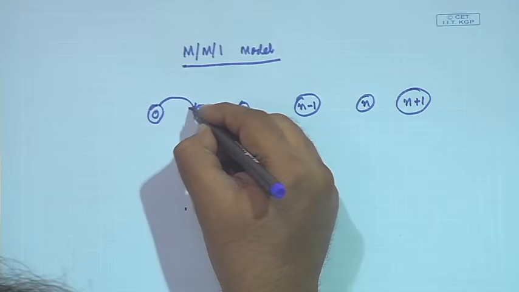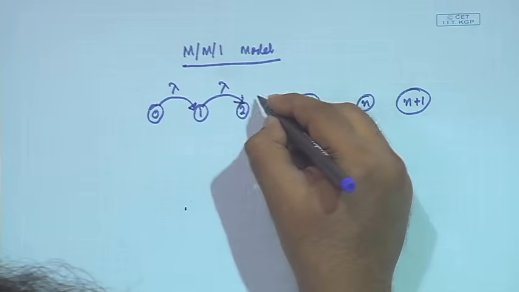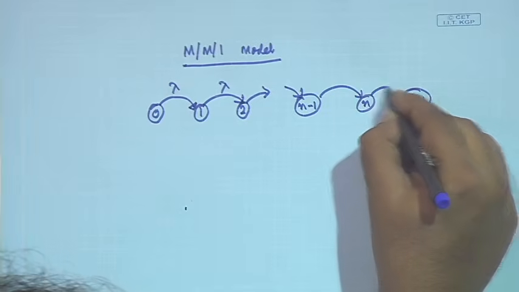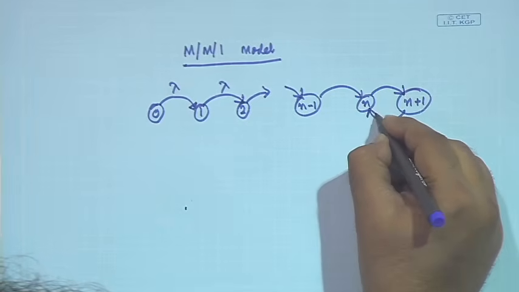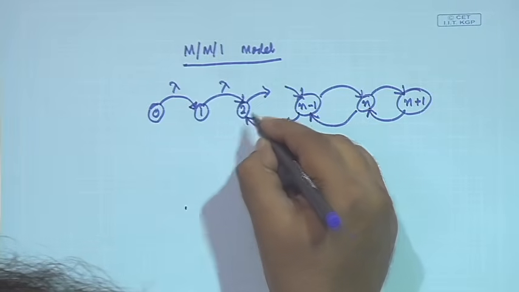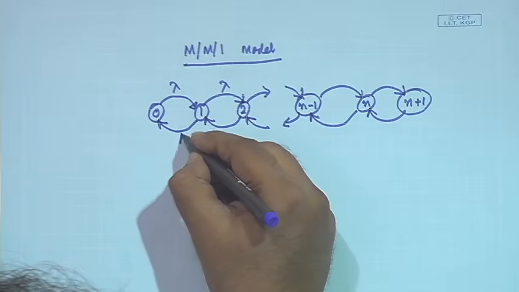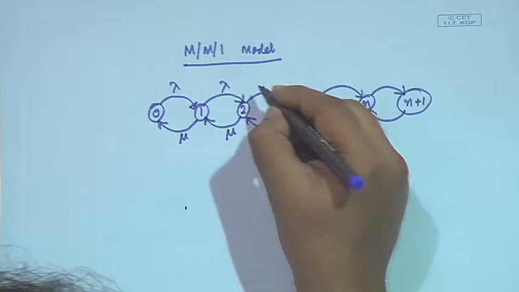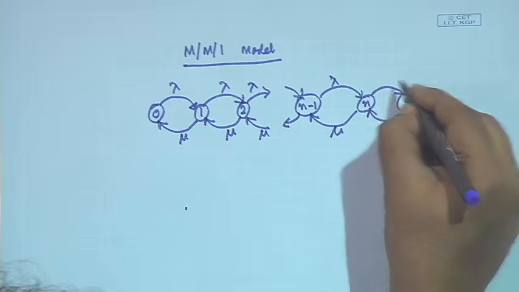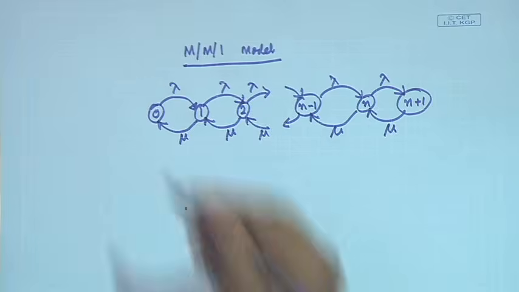From 0 to 1, if there is an arrival, similarly here, and on the other side, and since it is a simple MM1 model, all these are mu's and all these are lambdas, right. So, this is our rate diagram.